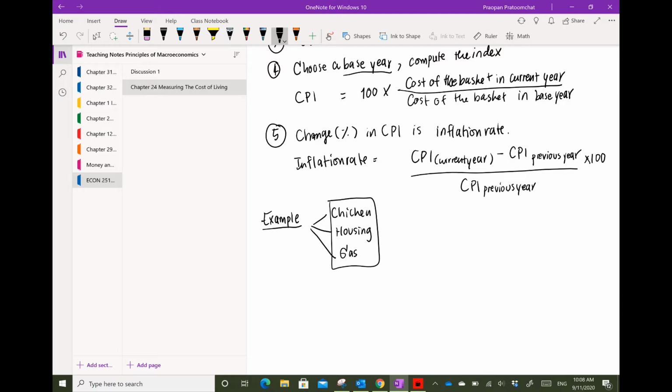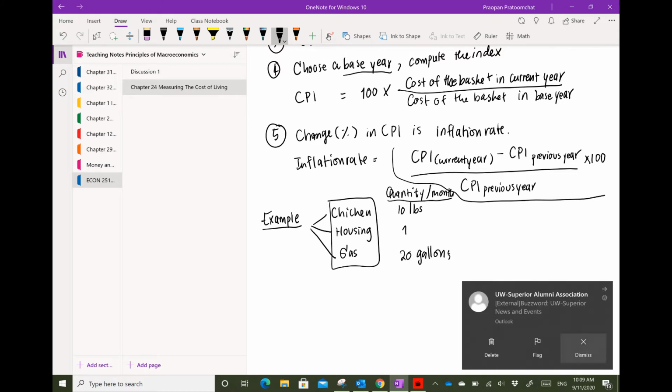How much chicken do you normally consume per month, per year, something like that? So quantity, right? Let's say you consume 10 pounds of chicken per month. I'm just choosing the number randomly, okay? And then 1 unit of housing. And gas, let's say 20 gallons per month, right?